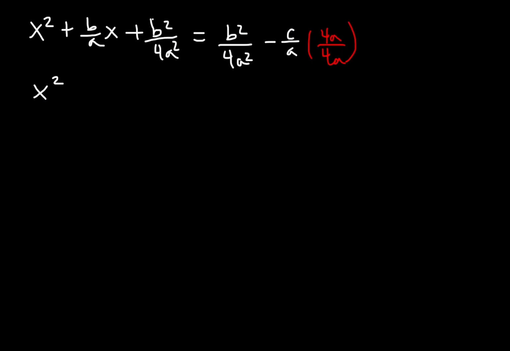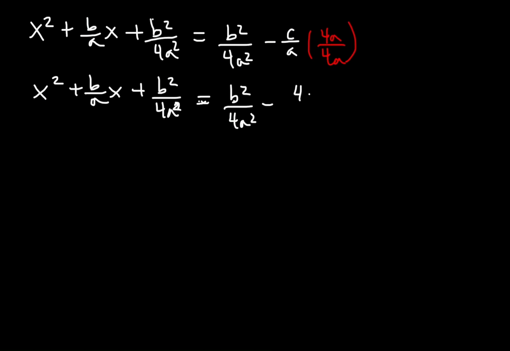So this side stays the same, x squared plus b over a times x plus b squared over 4a squared, which equals b squared over 4a squared minus, so c times 4a, which is 4ac over 4a squared.